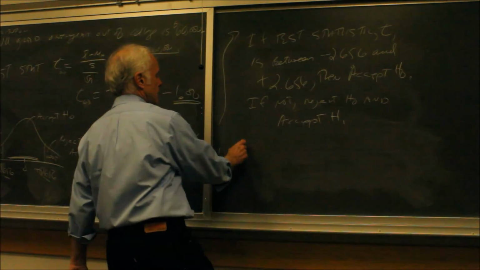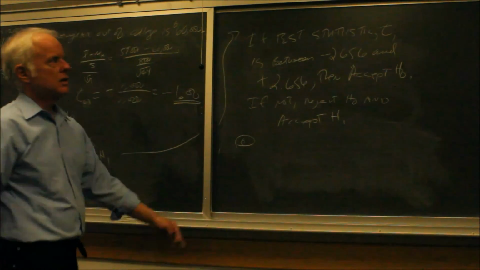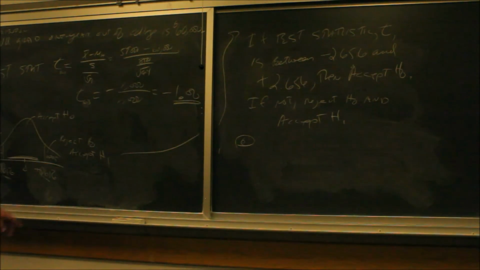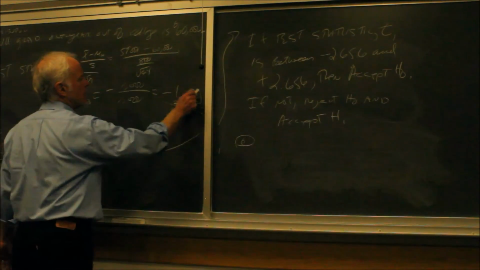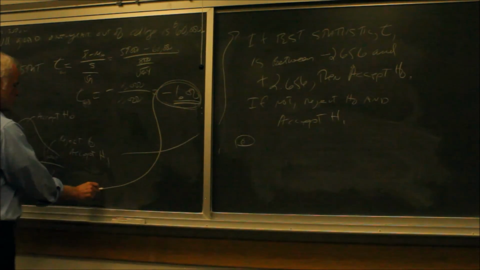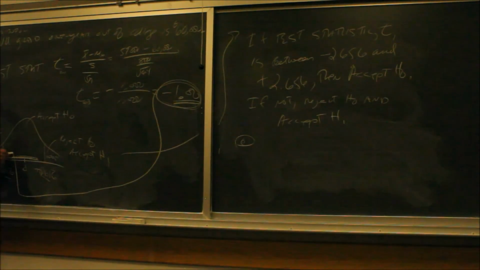And then the sixth step, make the decision, take the test statistic. Where does this fit into the decision rule? Minus 1 is somewhere between 0 and minus 2.656.